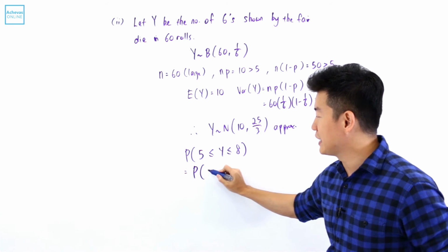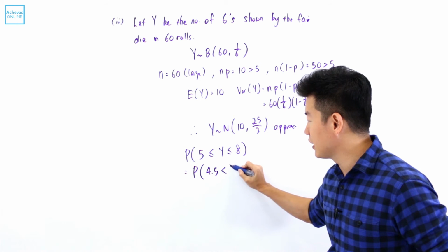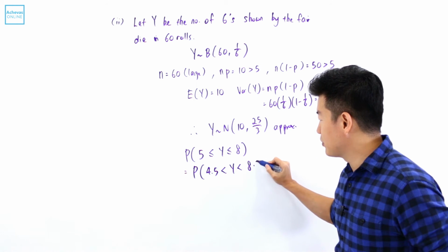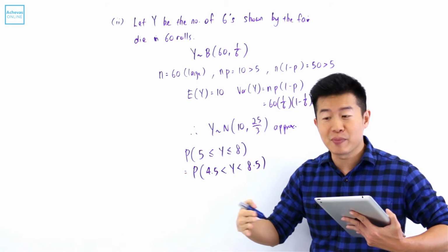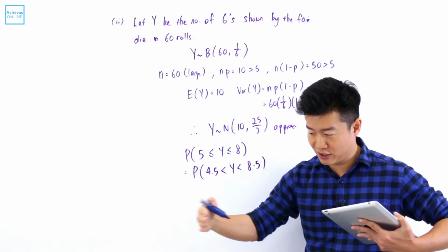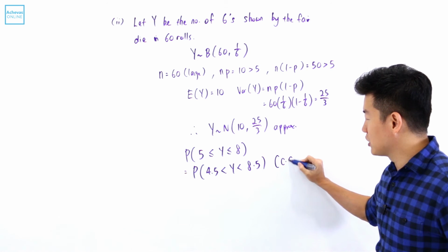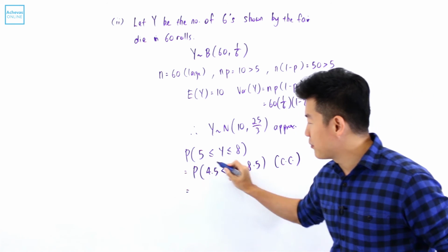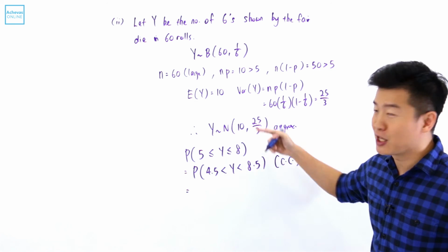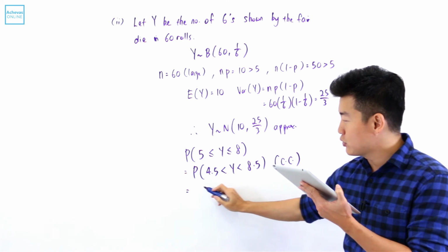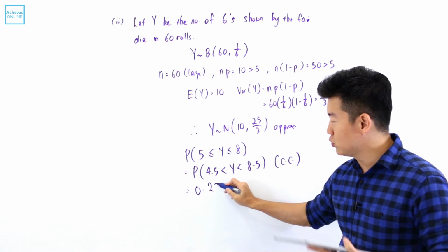So we are going to rewrite this as from 4.5 all the way to 8.5. We're making the area bigger by shifting the left and right limits out by 0.5, and this is carrying out a continuity correction. And pressing this into my calculator by making use of a normal distribution, I'm going to get a probability of 0.273.